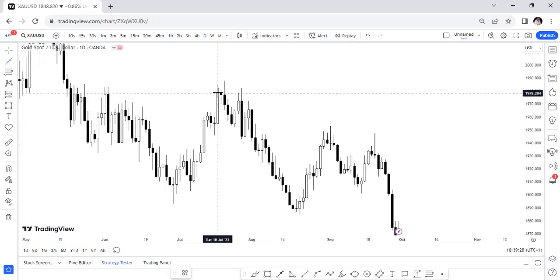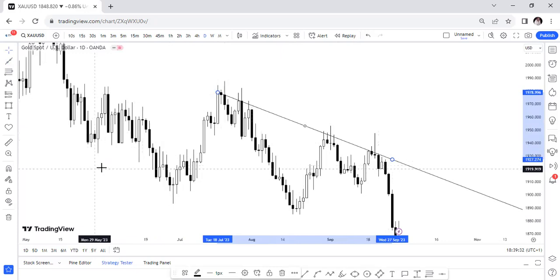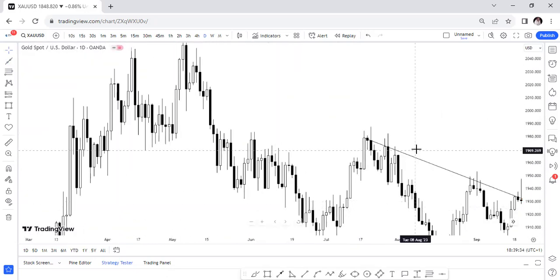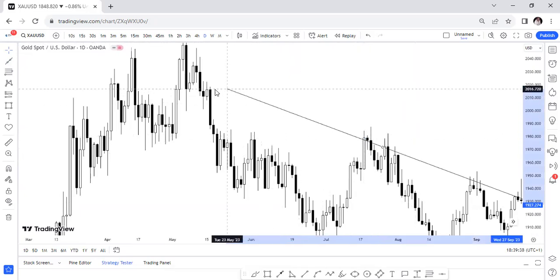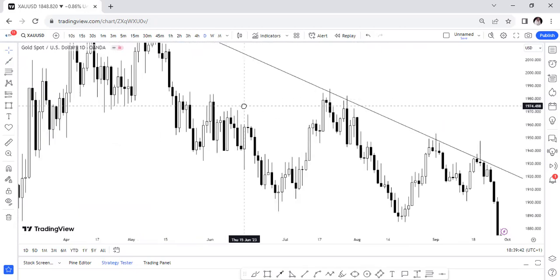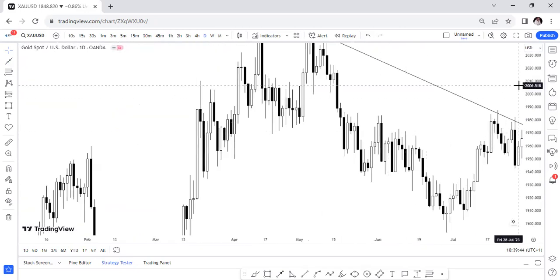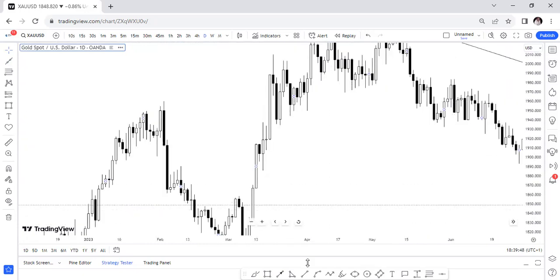So if you want to determine the price is in a downtrend, you mark it downward like this, right? So this is how to determine if the price is in a downtrend, or if the price is in an uptrend.